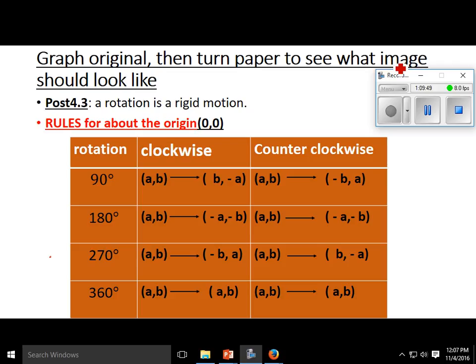And the reason for that, look at clockwise for 90. You see that anywhere else on here? Counterclockwise for 270, right? So it's the same turn, you're just going in a different direction. You end up with the same thing. What do you notice about the 180s?